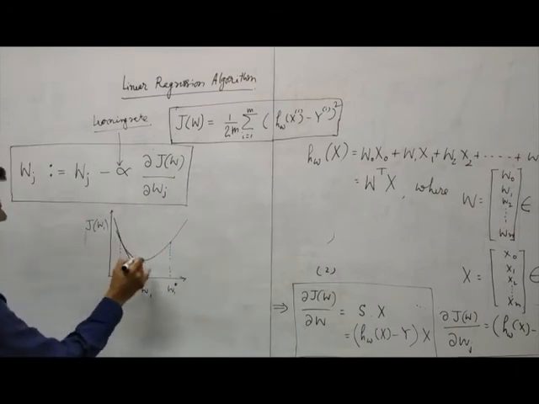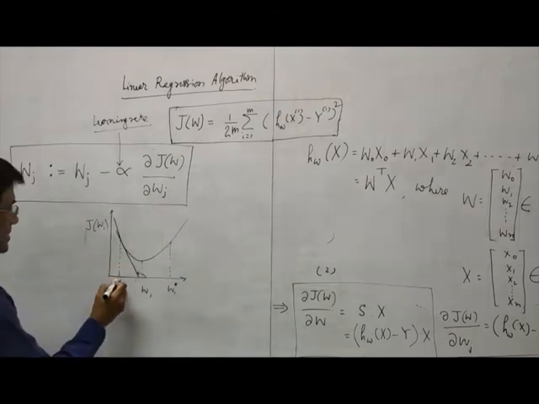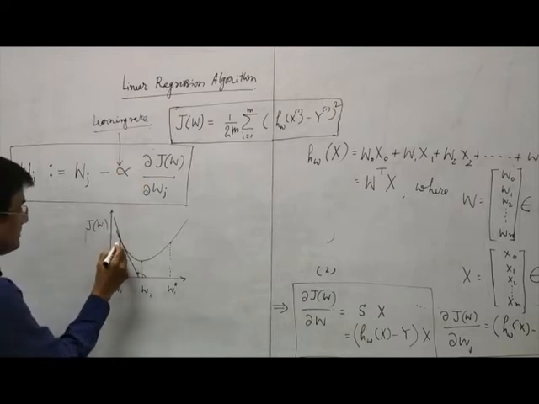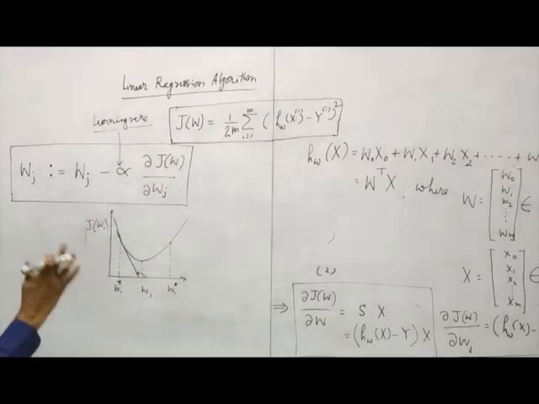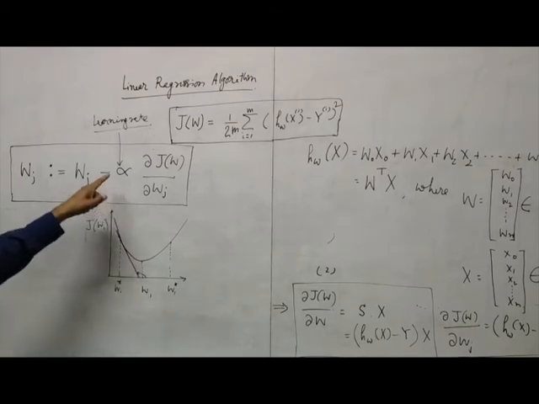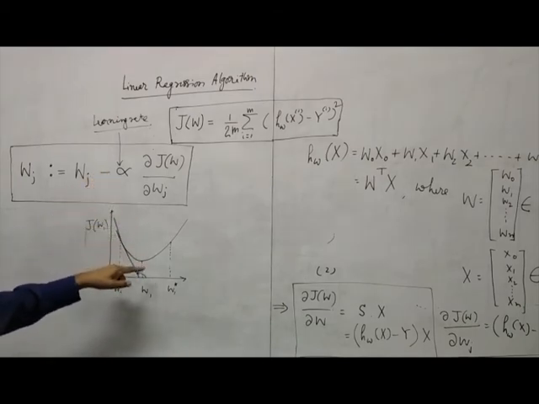Say this is my objective function, and this is my step length. If alpha is a very small value, I am updating W1 with a very, very small step, so my computation will be large to reach this point, but it makes sure that I will not miss this point.